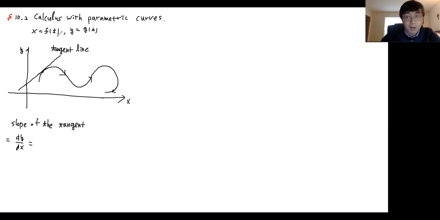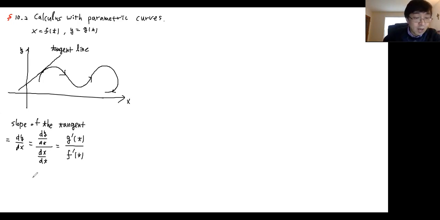I want to use the parametric equations, so this is exactly the same as dy over dt over dx over dt, which is g prime of t over f prime of t. So this is the slope of the tangent line.